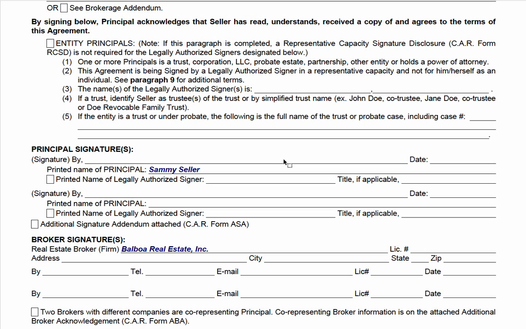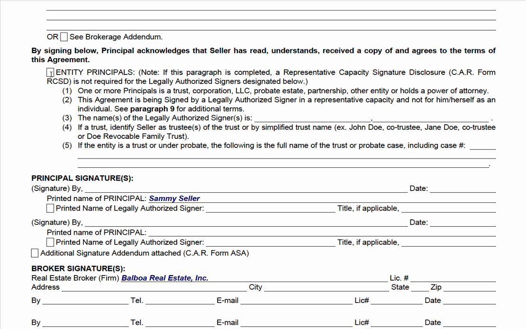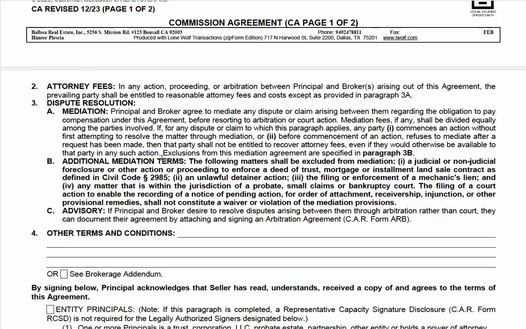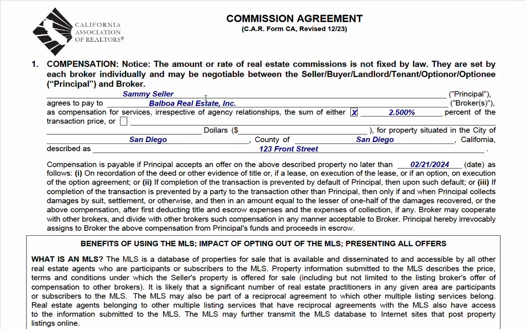And then we have the entity section. So C.A.R just recently added a bunch of entity sections where basically if the buyer or seller or principal or other party or whatever you want to call it is an entity, you check a box and you can put in the name of the entity and authorized signature. So let's say the principal is ABC Incorporated.